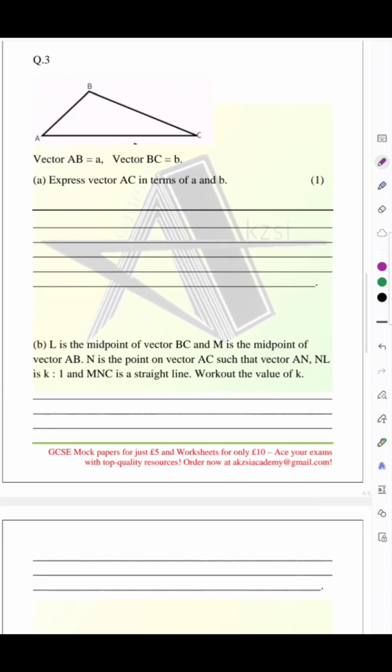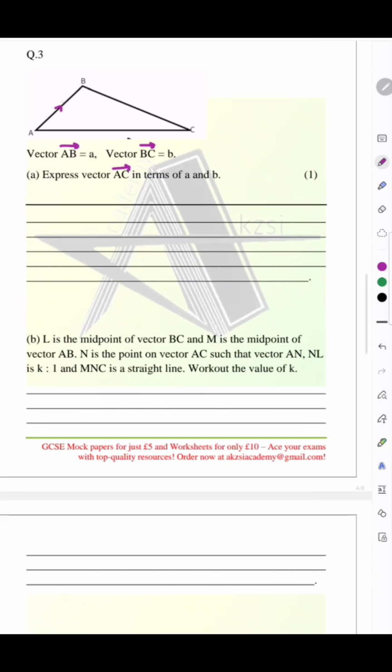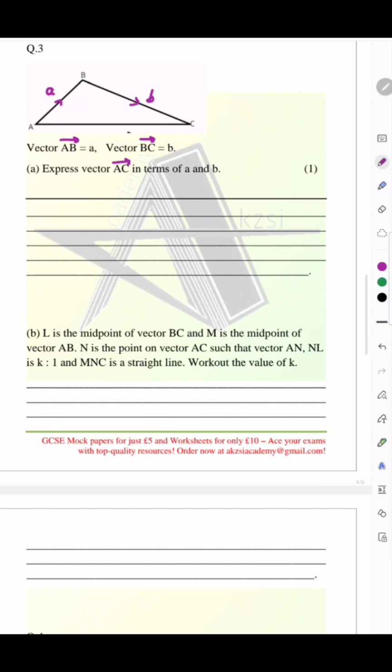Question 3 says vector AB is a, and vector BC is b. Express the vector AC in terms of a and b. So we know A to B is given as a and vector B to C is given as b.